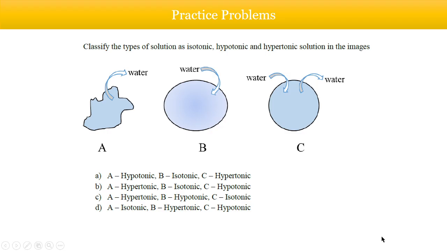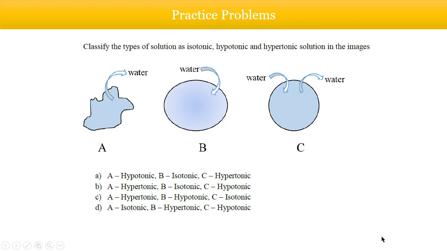So a hypotonic solution is a solution with a lower solute concentration than the cell's cytoplasm. So water moves into the cell, causing it to swell or even burst. That is lysis. So that is a hypotonic situation. Which of them do you feel is that? It is option B, because it is so filled up that it is going to burst.